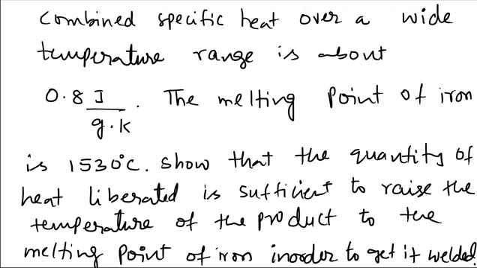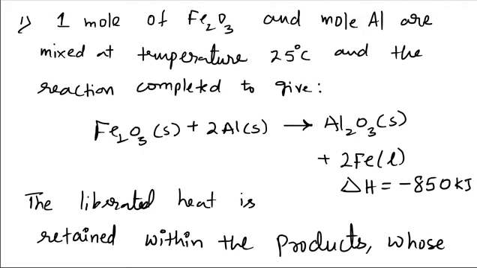First of all, the heat released in this reaction will be retained by the products, and we must know how much amount of products there are in grams. Now, if we see the problem, the quantity of iron 3 oxide used is 1 mole, and aluminium is actually 2 moles.